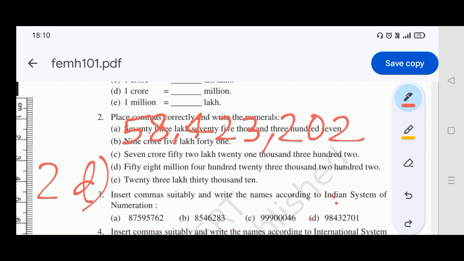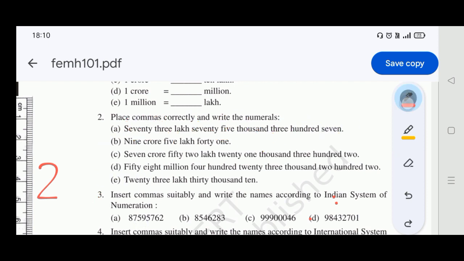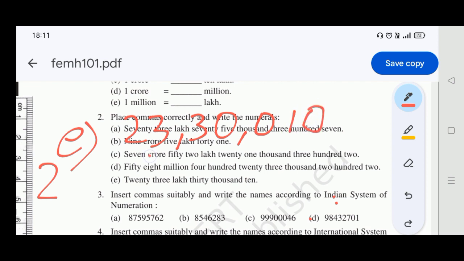This is the answer for D part. Moving to E, 23 lakh 30,000, no hundred, it is 10. So 23 lakh 30,010. This is the answer for 2E. So the second question is done.